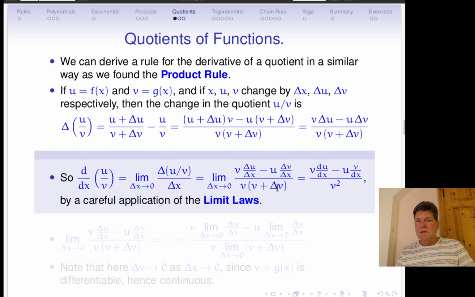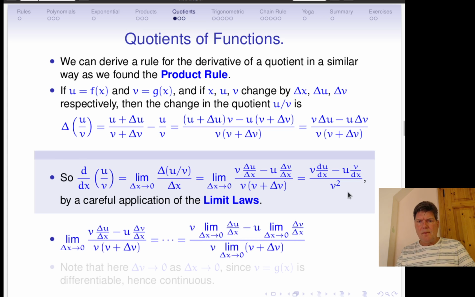And delta v goes to 0 when delta x goes to 0, so the denominator here approaches v squared, and we end up with this expression, which in Leibniz notation is the quotient rule. V times the derivative of u minus u times the derivative of v divided by the square of v.